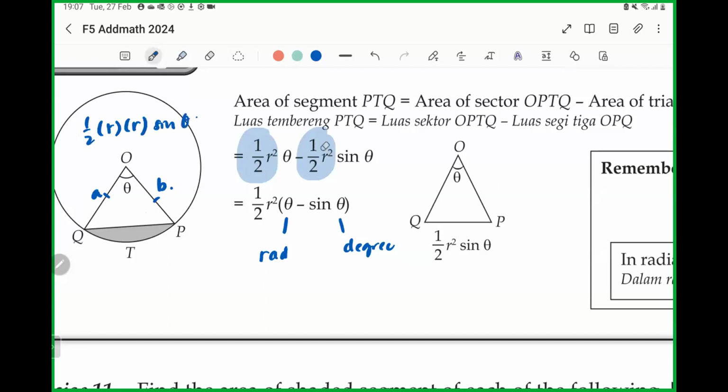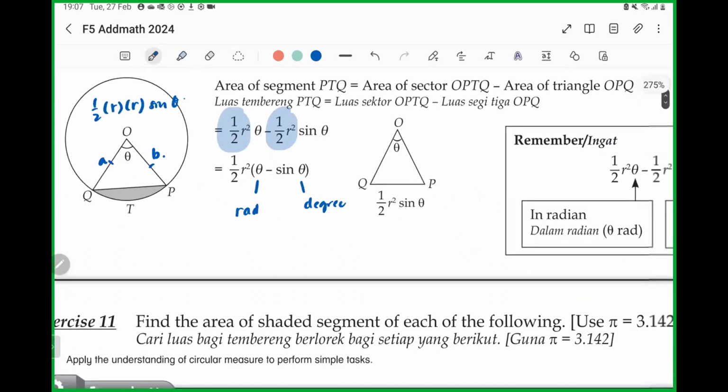So it becomes 1 over 2 R squared sine theta. It doesn't have to be an equilateral triangle. It can be any shape. But the angle must be in between these two lengths for a triangle. I mean, if I have a triangle like this one, this is 30 degree. This is, let's say, 70 degree.